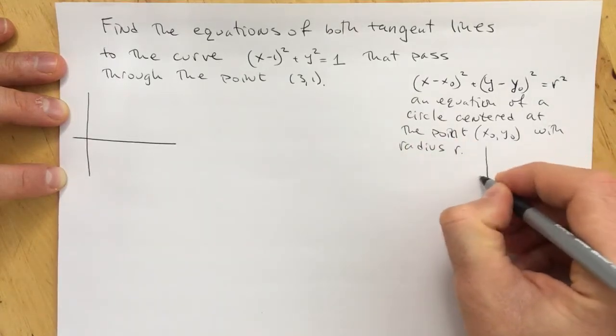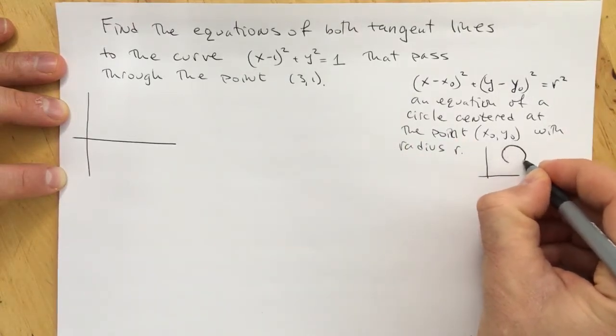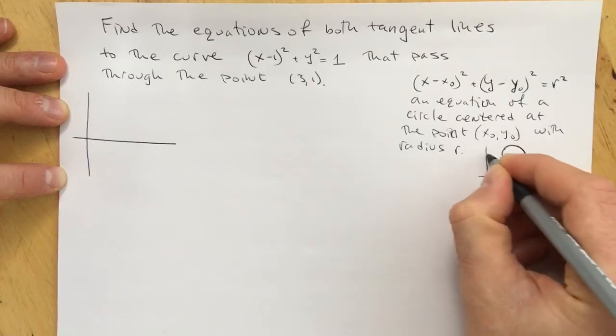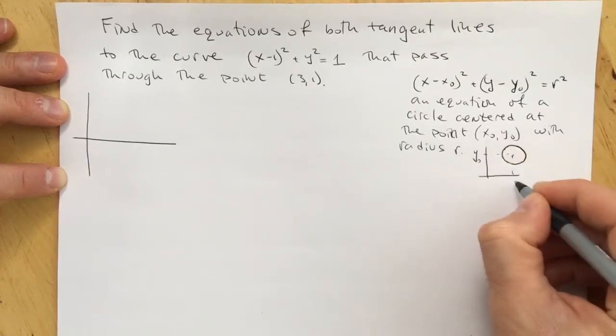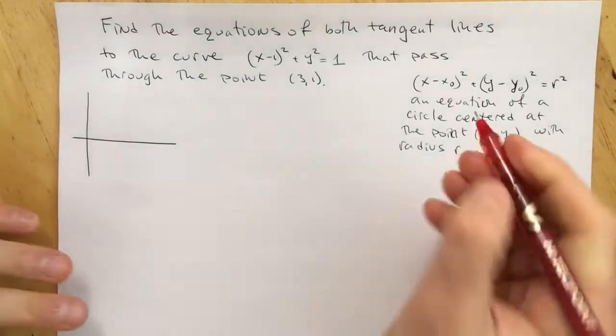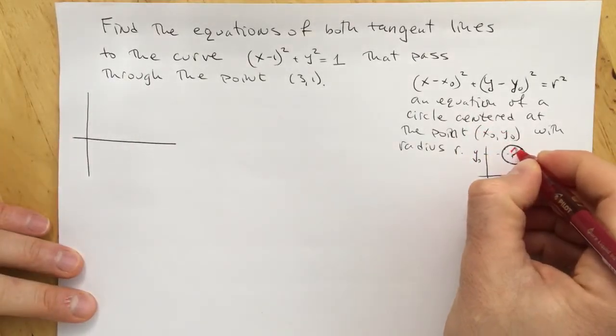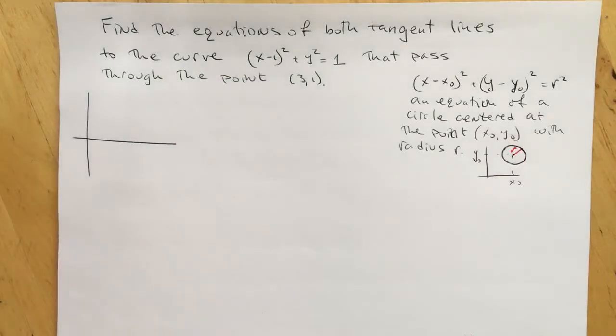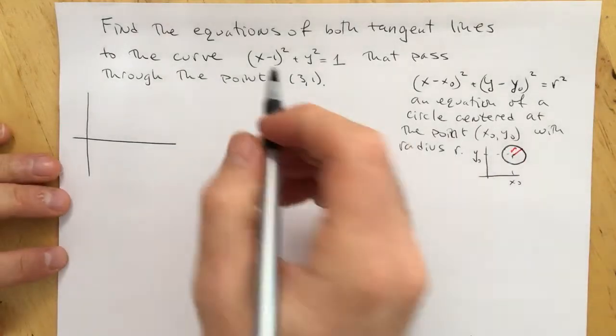So for example, something like this: y₀, and here x₀, and then you have radius r. Okay, so with that in mind, what do we have?